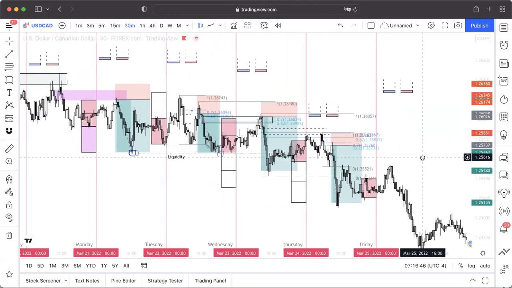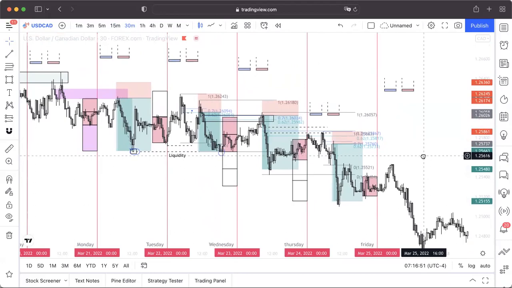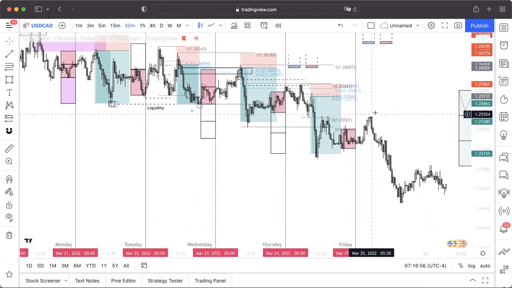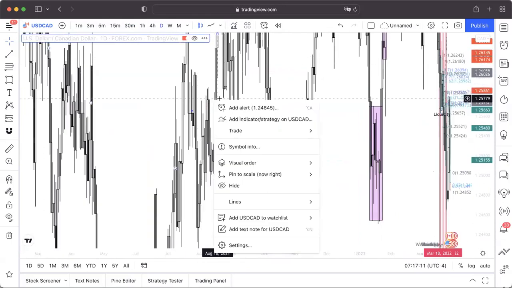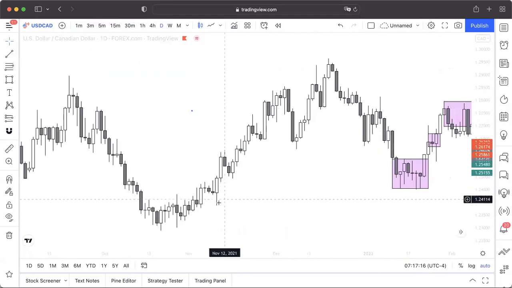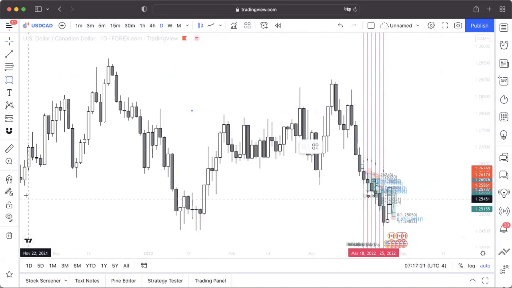But I think for the backtesting, it's enough to see that this was happening last week on US dollar Canadian yen. And the reason why it would be pretty self-explanatory, and really a simple idea, to take a short every single day, is because if you remember what's happening on the higher time frame, you're gonna remember that here on the higher time frame we have the market maker model.